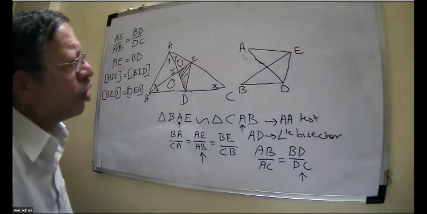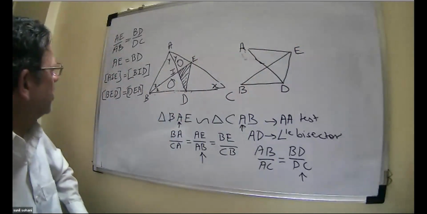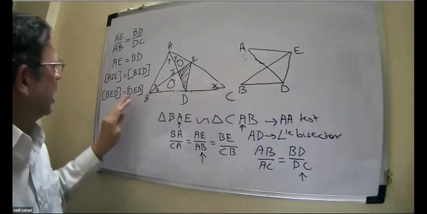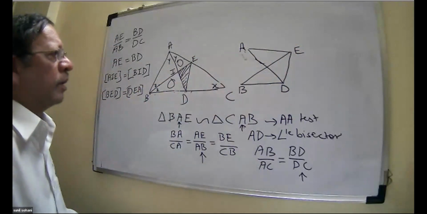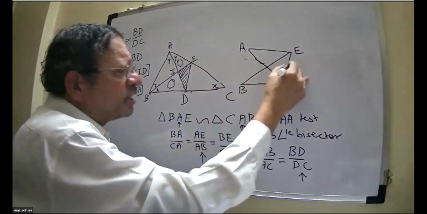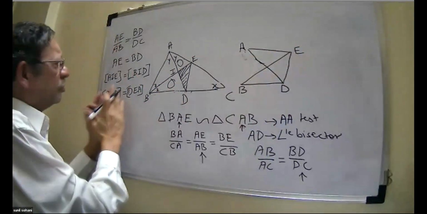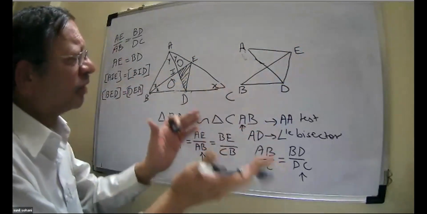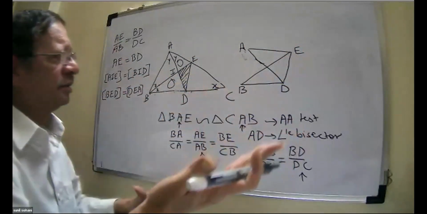And we are going to closely observe what happens in BED here and DA here. Can you see DA is the same base for both the triangles? The area of the triangle cannot change, even when I change the base. That is point number one.